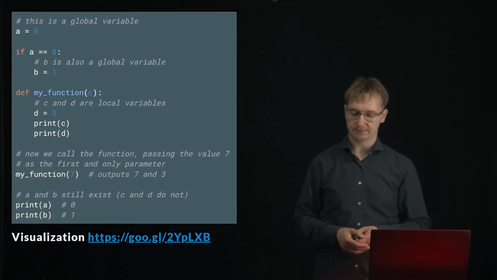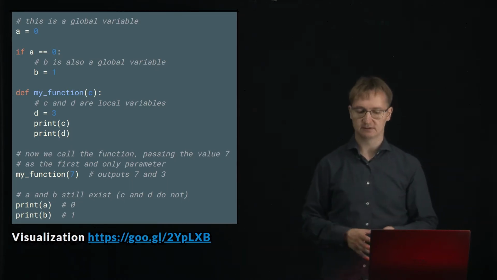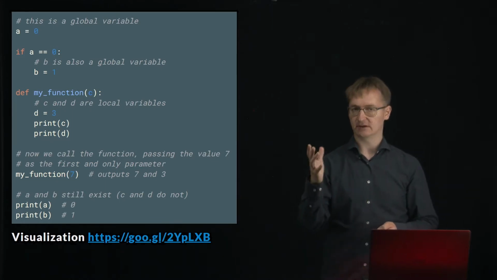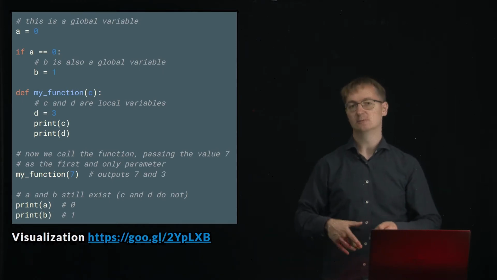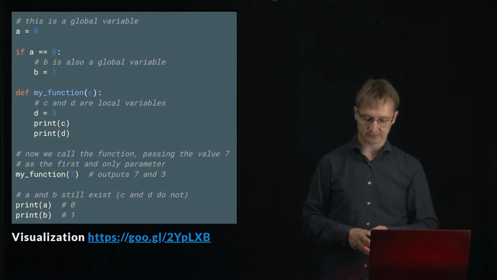Let's see a code example. So here we have a bunch of code. It doesn't make a lot of sense, but the idea is that we have different kinds of structures in the code, and here we can see where the variable has effect and where it has not.